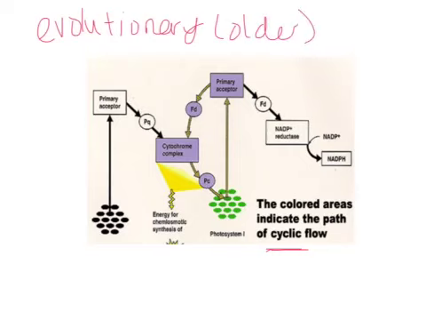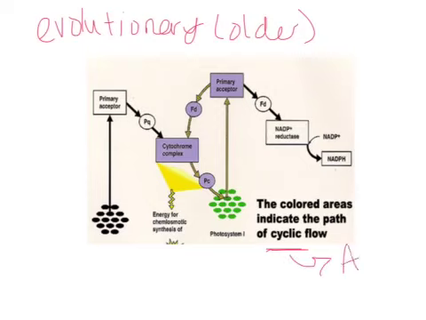Most photosynthetic bacteria do this, and all photosynthetic eukaryotic organisms do this. It is considered older than the non-cyclic electron flow because bacteria don't do non-cyclic electron flow. That's only in eukaryotes.